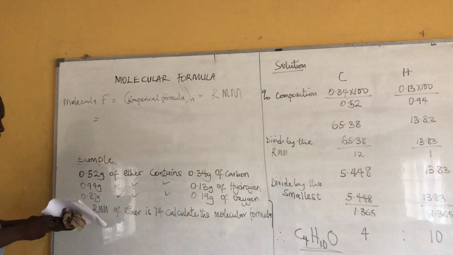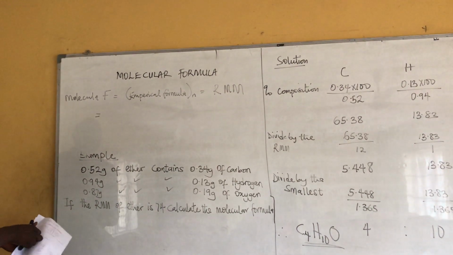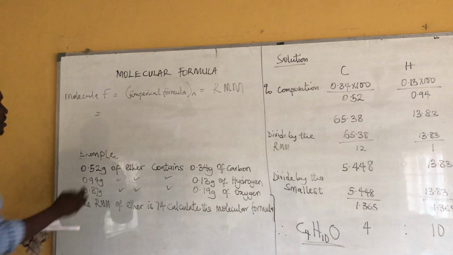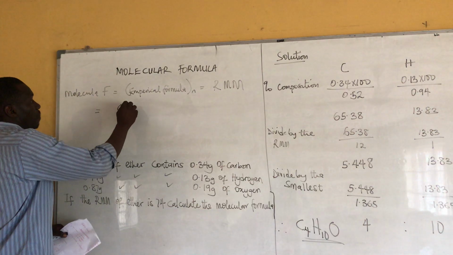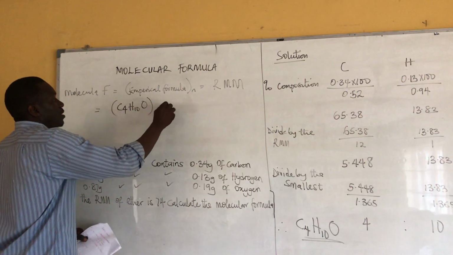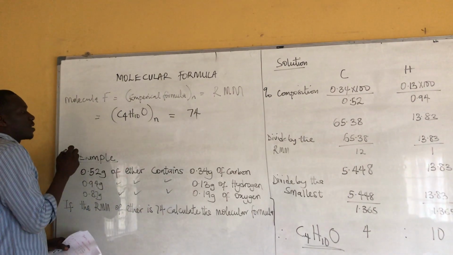Now, what is your empirical formula? Your empirical formula from your calculation is C4H10O bracket n equals 74 from the question given to us.